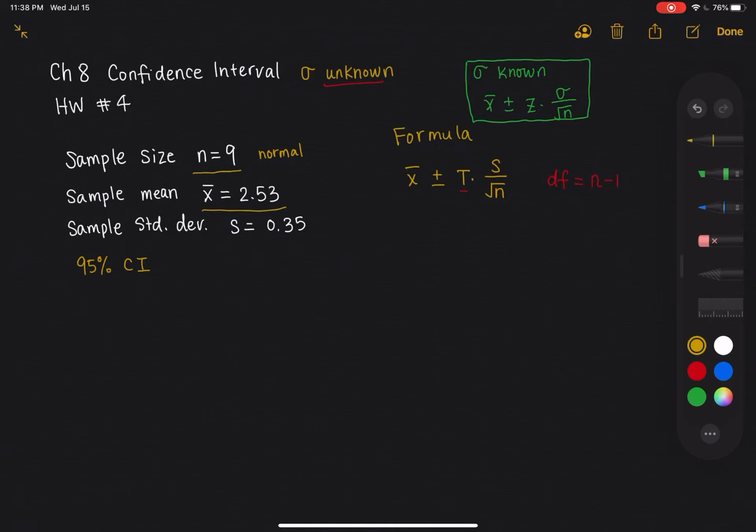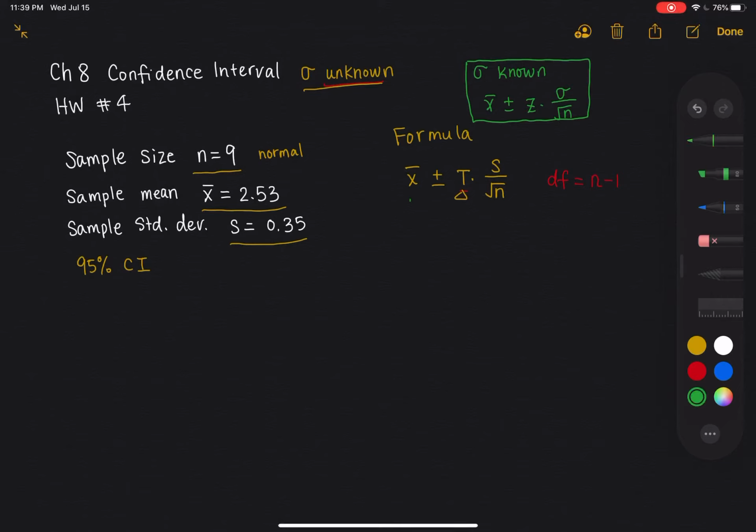The population standard deviation sigma is unknown, but we do know the sample standard deviation s is 0.35. So we will need to use the t-table. And how do we find a 95% confidence interval?